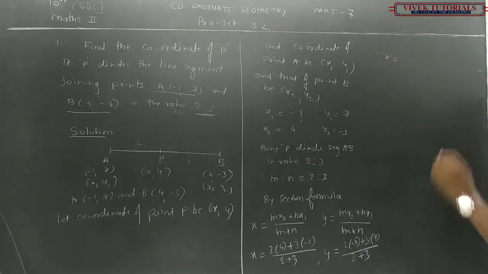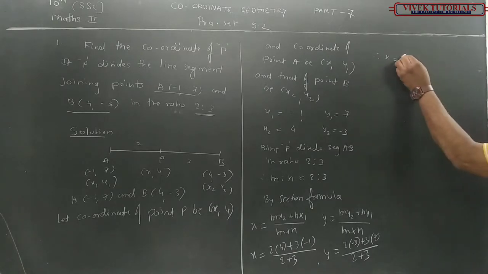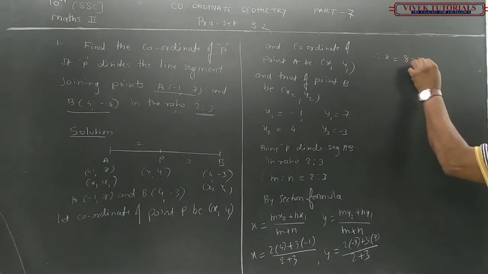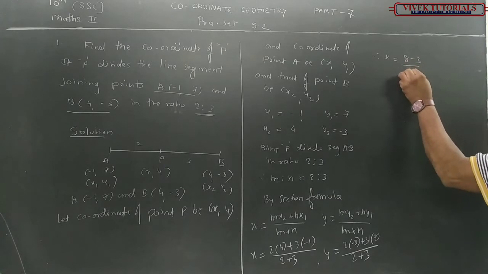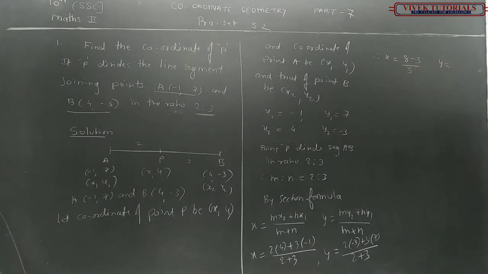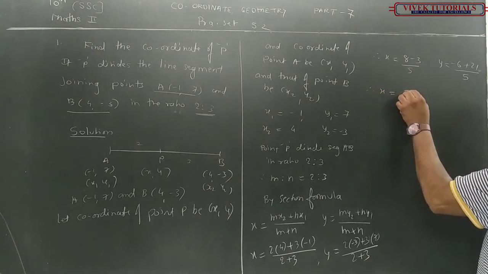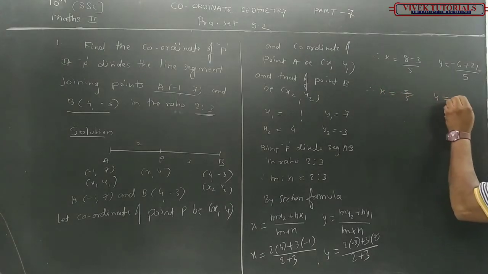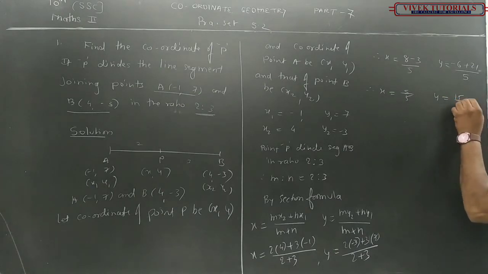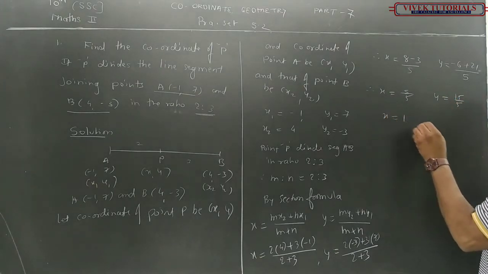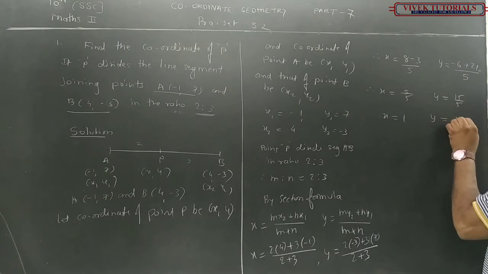Therefore, x is equal to (8 - 3) upon 5 and y is equal to (-6 plus 21) upon 5. Therefore, x is equal to 5 upon 5, y is equal to 15 upon 5, so x is equal to 1 and y is equal to 3.